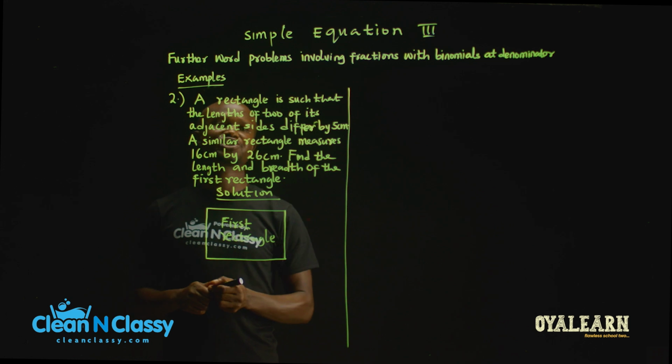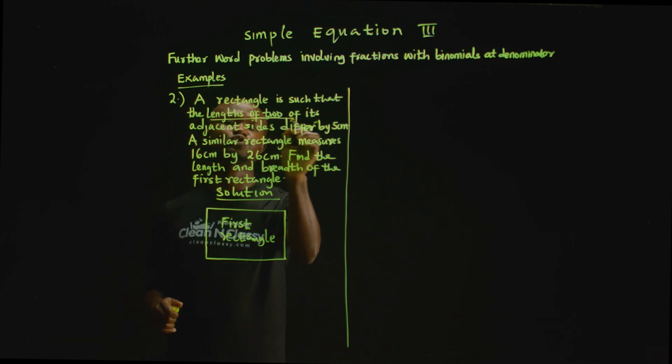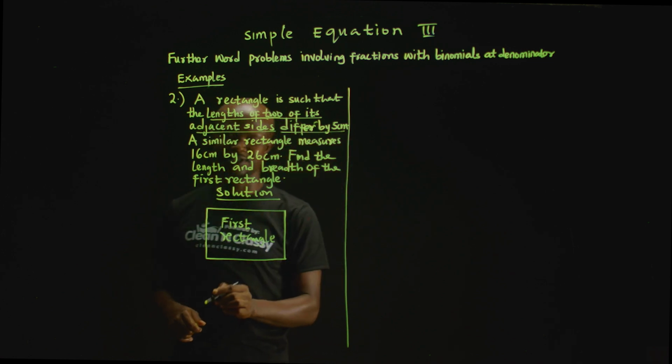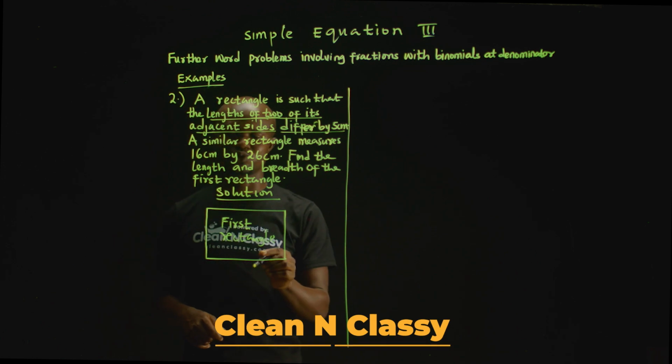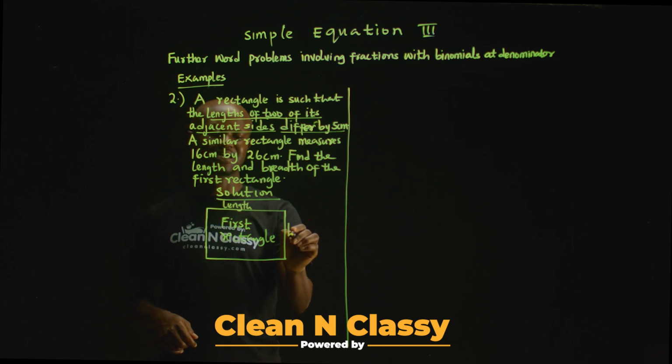A rectangle is such that the length of two of its adjacent sides differ by 5 centimeters. And for a rectangle, we have what we call the length and the breadth.